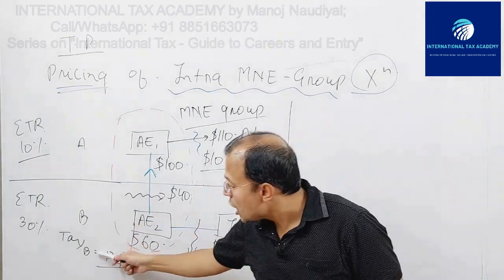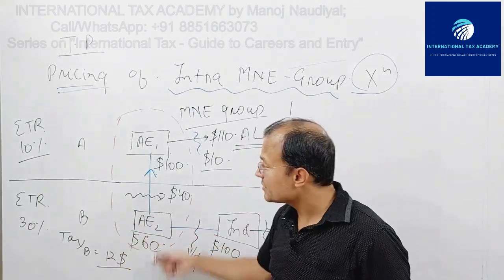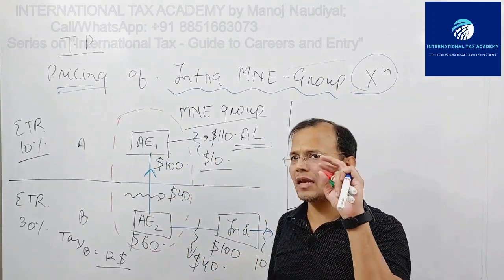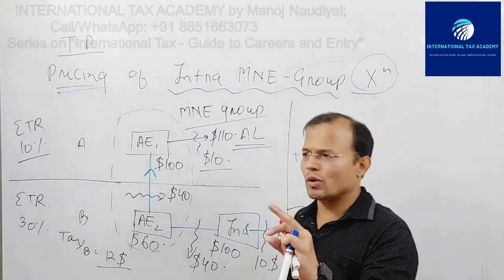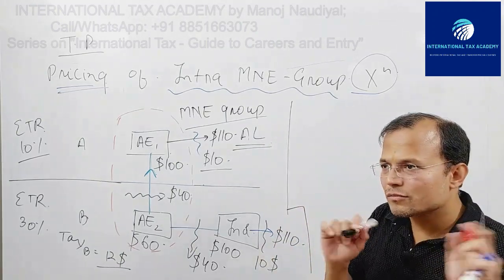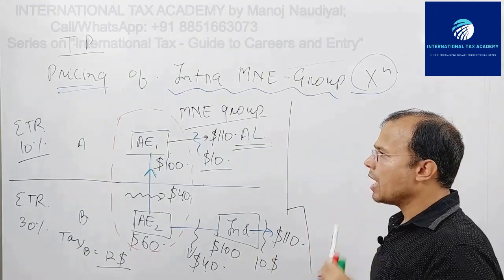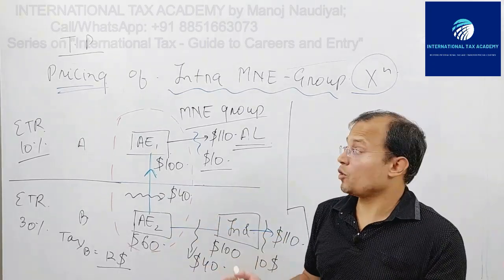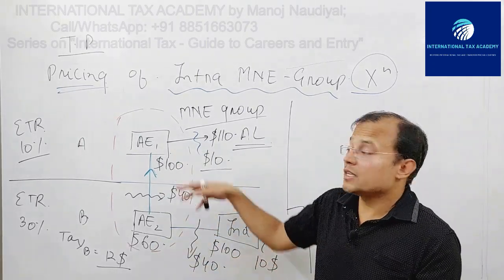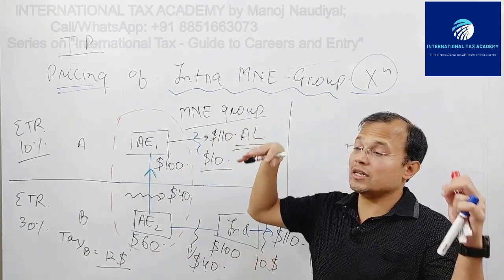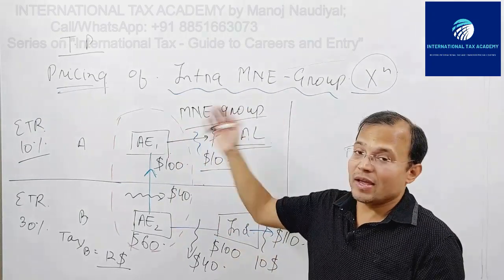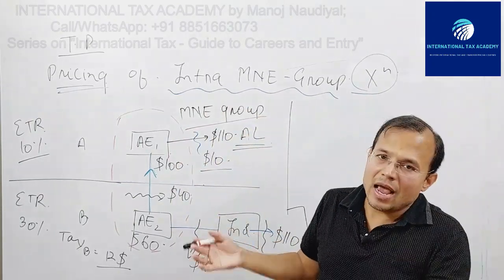We are paying $12 of tax upon this transaction. So we'll do some clever math, some quick scheming, and we'll save a certain amount of tax. AE2 doesn't have any choice because it is controlled by AE1. It is compelled to do the bidding of AE1. So AE2 says, okay, as you wish.